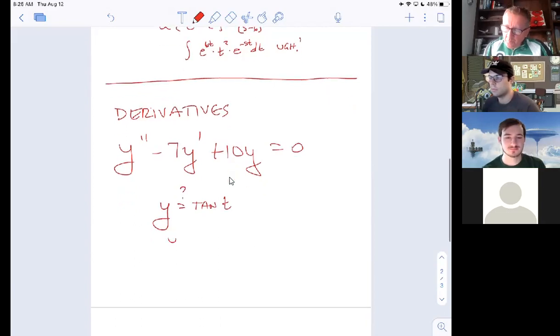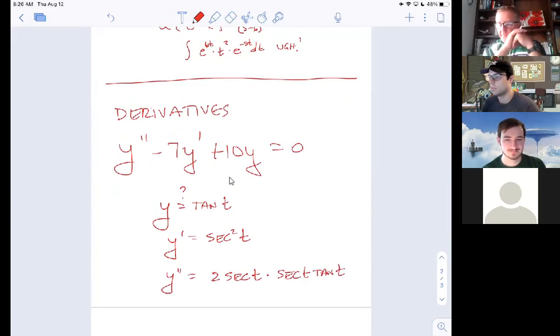But then you say, well, y prime, derivative of tangent is secant squared. And the derivative of junk squared is 2 times the junk times the derivative of the junk. The derivative of the junk is derivative of secant is secant tangent. And so does it make sense you're going to have a hard time adding those together because they're not like terms?